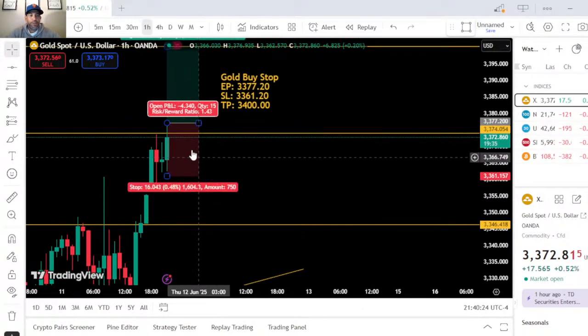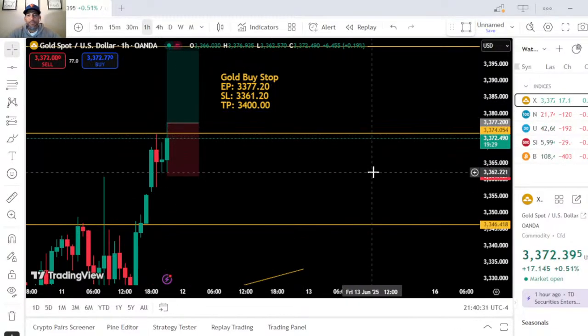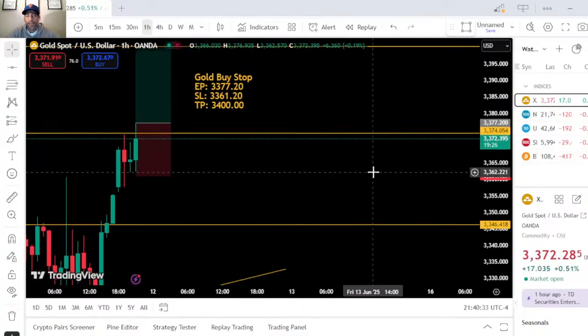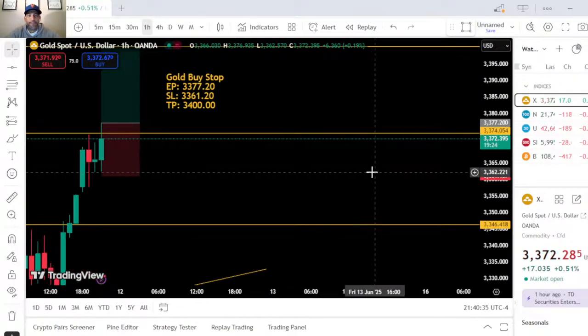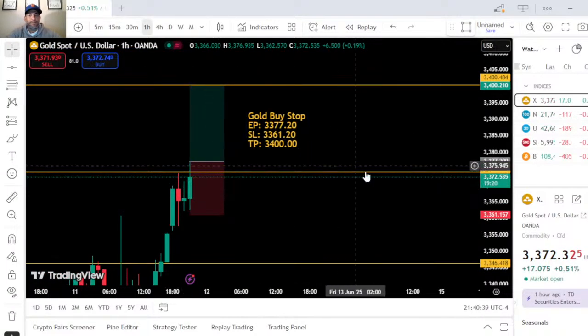So the entry will be if this 1 hour comes back up to re-break its own high, we should take off there. But I'll wait. If the 1 hour closes below, I'll delete.